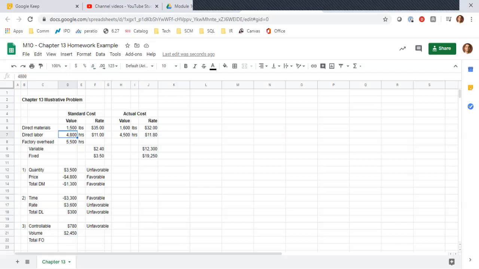And so because our operating level is less than our 100% capacity, this is an unfavorable variance as well. Then we just add those two together to get our total variance, and in this case they're both unfavorable, so this one will also be unfavorable.